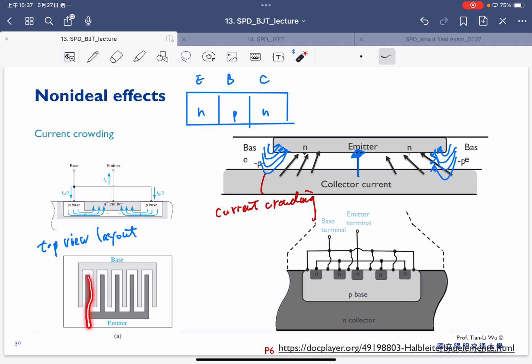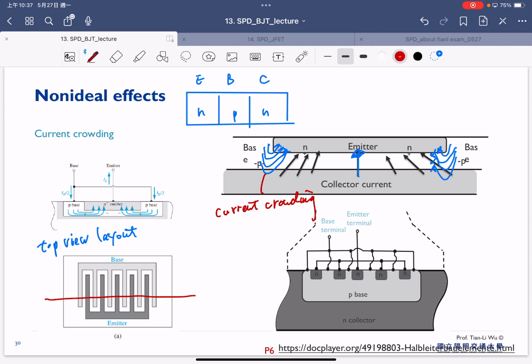This is emitter, this is base, and if you make the cross section from left to right, it will look like this. You have the collector here, you have the base, and this small part is the emitter. You have the emitter here, the base here, and a collector outside, which is here. That's the real layout design for our BJT.